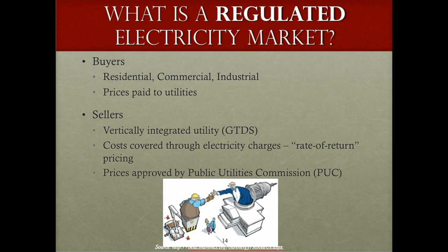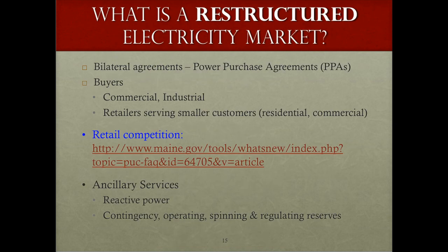The costs of generating the electricity are covered through electricity charges, which are set by the Public Utilities Commission, the PUC, through rate of return pricing, meaning the utility is guaranteed a certain rate of return on their investments, usually 10%.